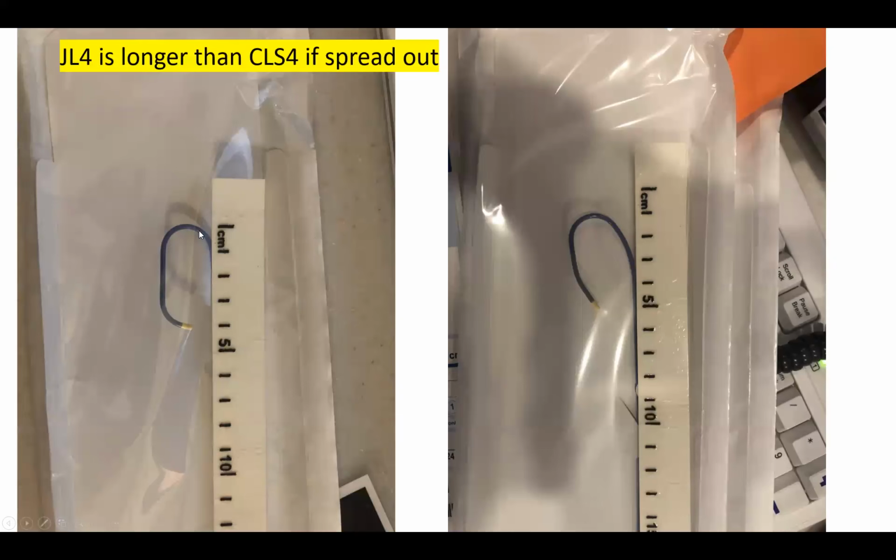This is another idea. How do we measure the 4 anyway? This is Judkins left 4. It's the distance from here to the tip in a straight line. This is CLS 4 or EBU 4. This is 4 centimeters from here to the tip. So notice the Judkins left 4, if you elongate that tip, the length from here to the elongated tip is actually more than 4 centimeters. So a Judkins left 4, when it's spread out, is longer than CLS 4.